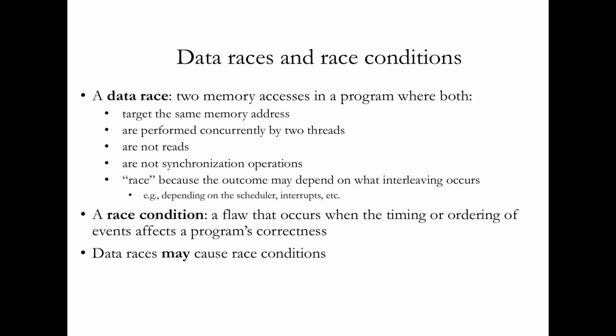A data race may cause race conditions, but not necessarily. There may be race conditions for other reasons, or sometimes you may not have a race condition but still have a data race. So those are not mutually exclusive terms. They may appear in different combinations.